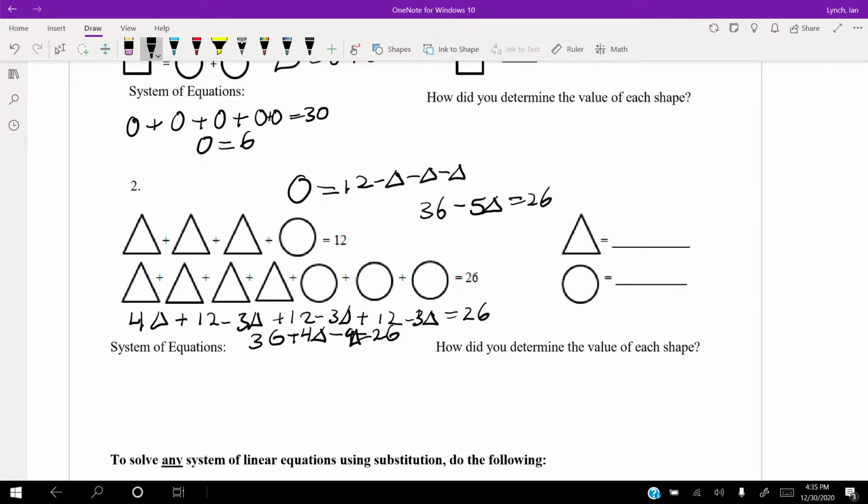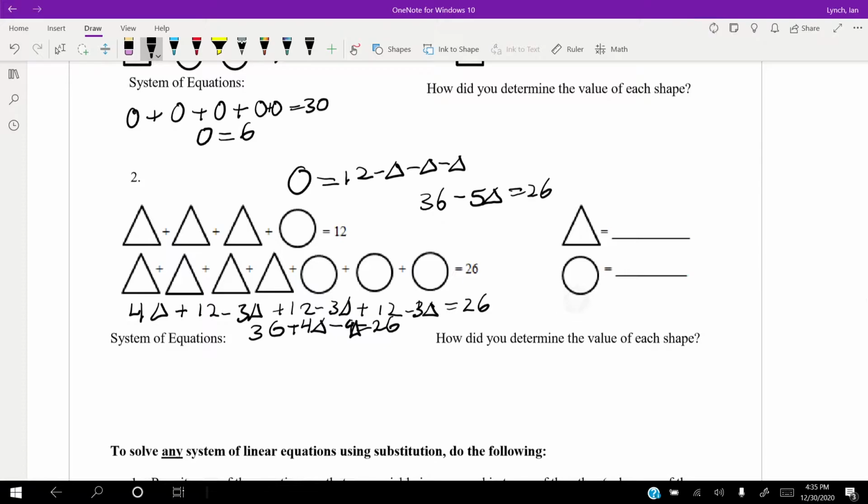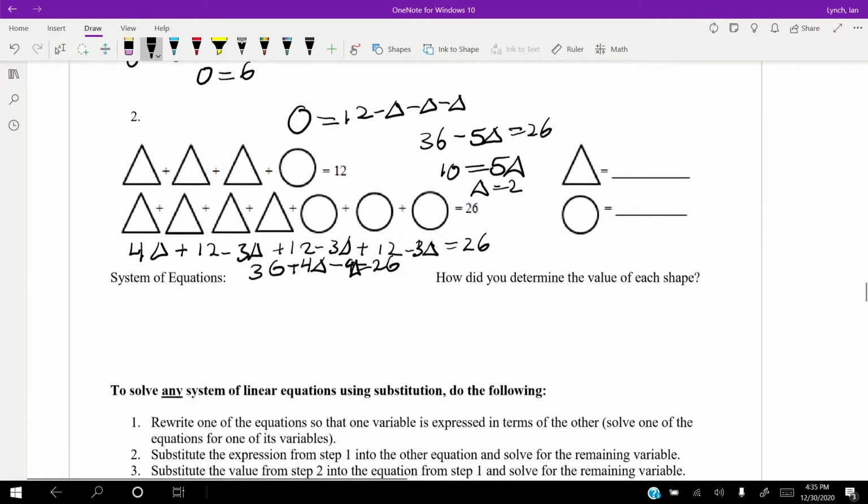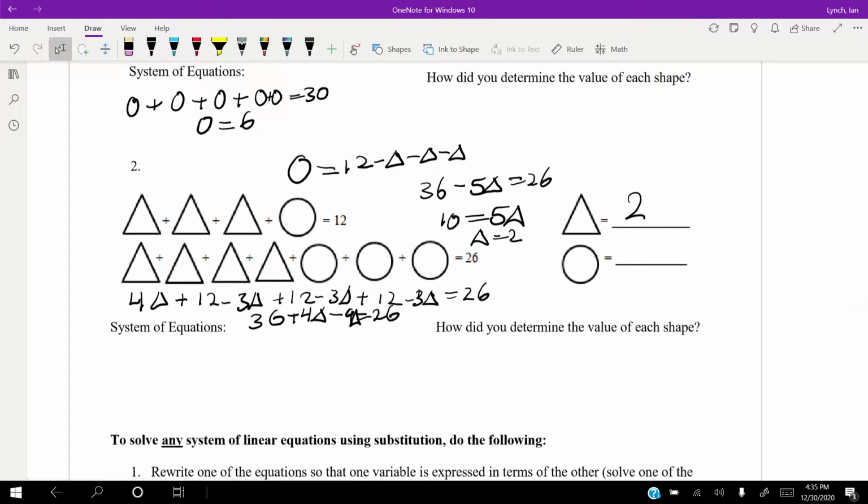Let's move this 5 triangles to the other side and this 26 to the other side. We get 10 equals 5 triangles, which means a triangle is worth 2. Which means if a triangle is worth 2, then a circle is worth 12 minus 6, which means a circle is 6. Does that math add up? That math does add up.